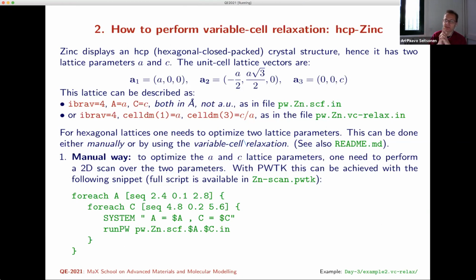And often these are not the values that you want to get, because there is the exchange correlation approximation. So you should get the values which are best converged with respect to your exchange correlation functional. And if it's away from the experiment, that's because of the approximation.